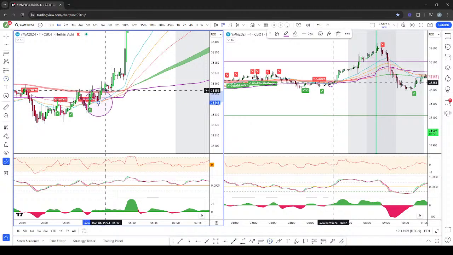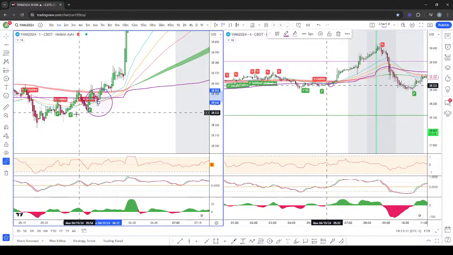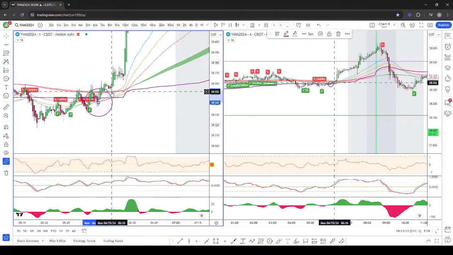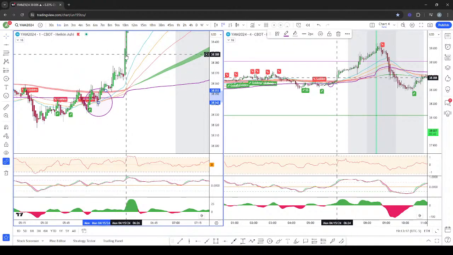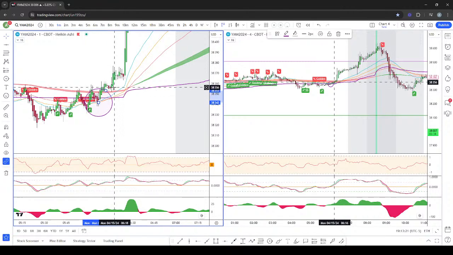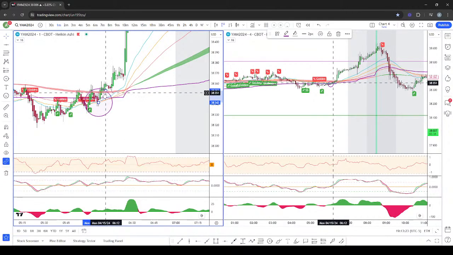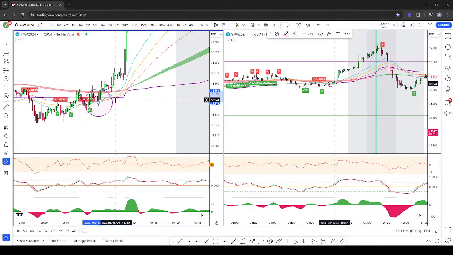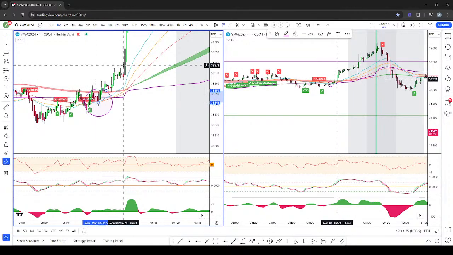So right in here where you get that pullback, you can easily have taken this uptrend position, because you've got your nice sequence. Price is above VWAP and it's above the 200 EMA, and price and the EMAs are fanning out right here. You can see that red, orange, and teal if you're taking a long position right here.